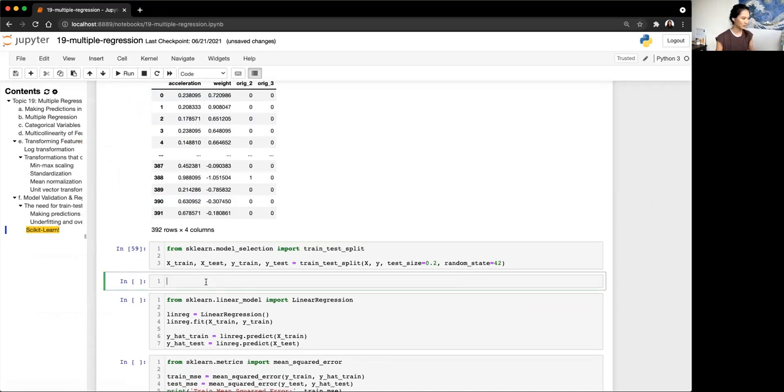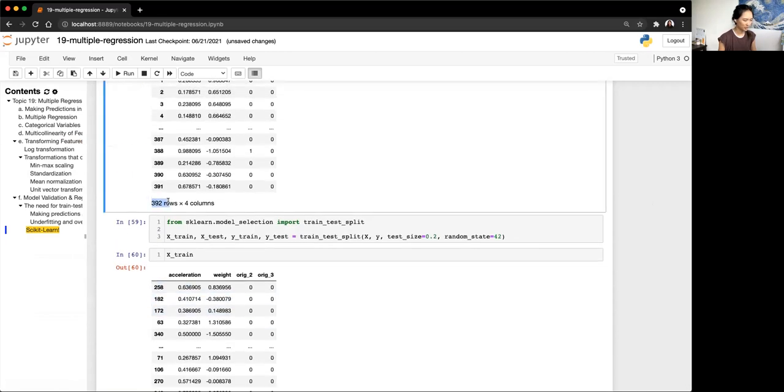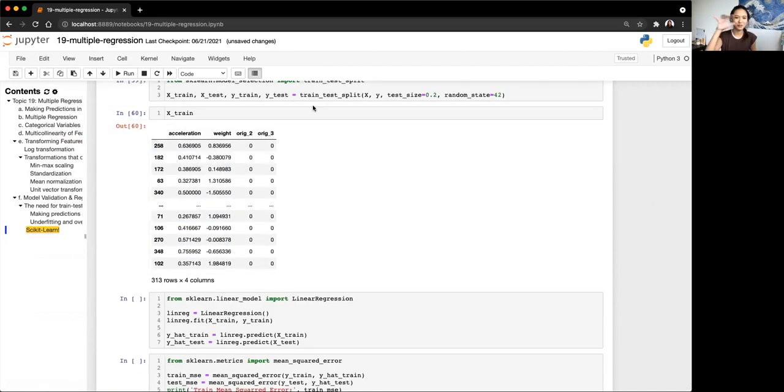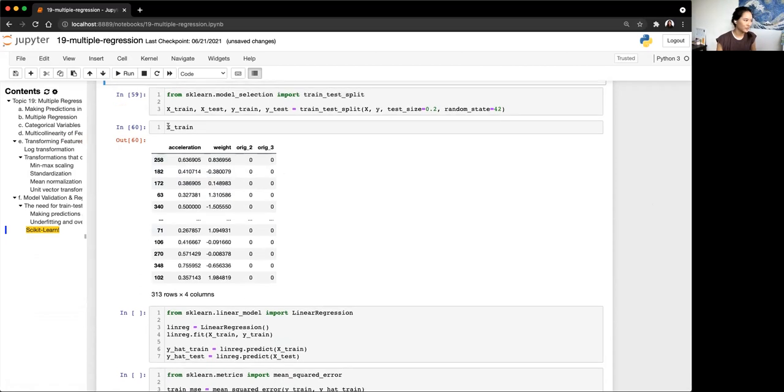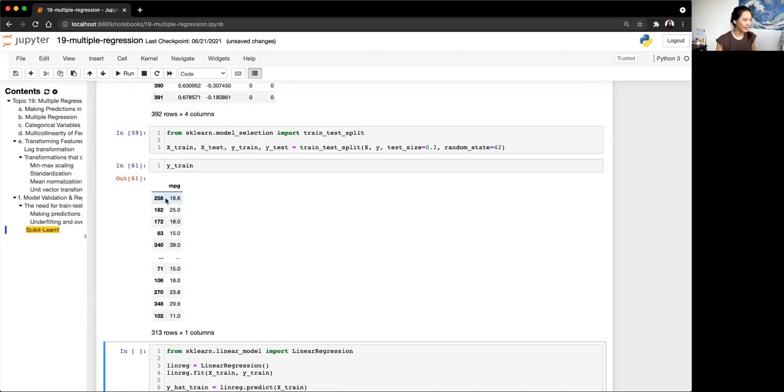So what does this split do? We take a look at X train now. We have 313 rows where before we had 392, and they randomly shuffle our data around. If we look at our Y train, it's the same way, 313 rows. We're going to fit our model on X train and Y train.